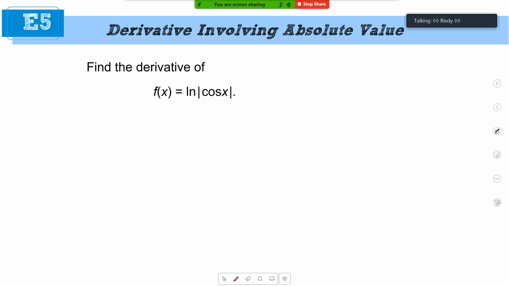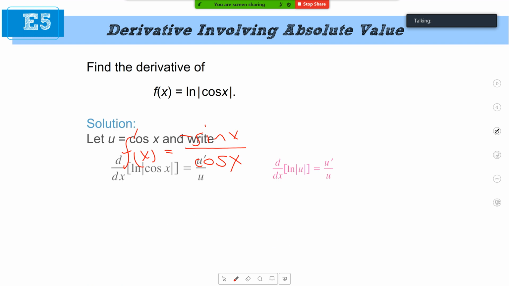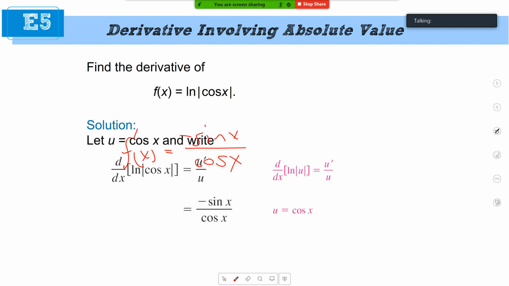It's just u prime over u. What's the derivative of cosine? Negative sine. Okay, u prime over u. Well done.